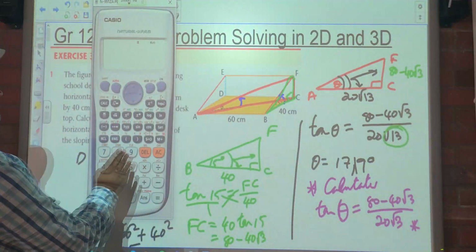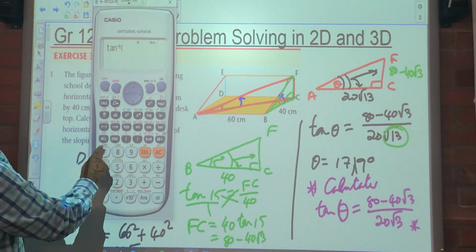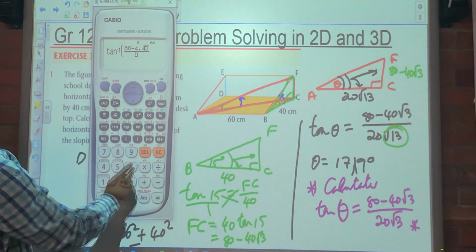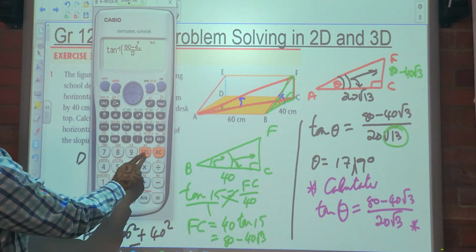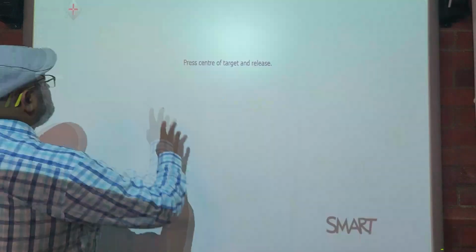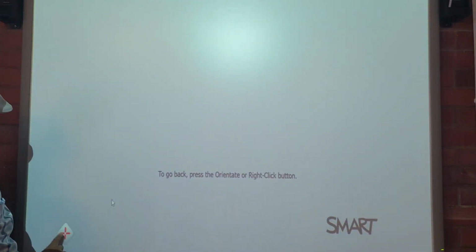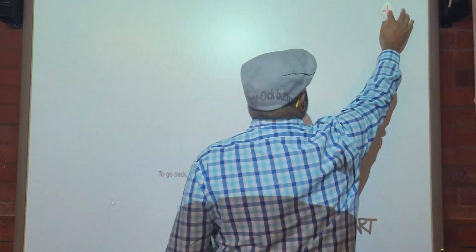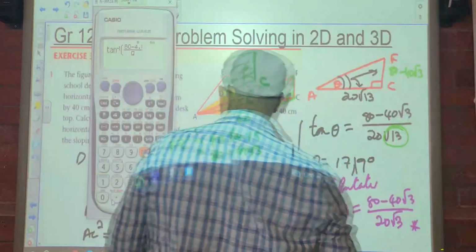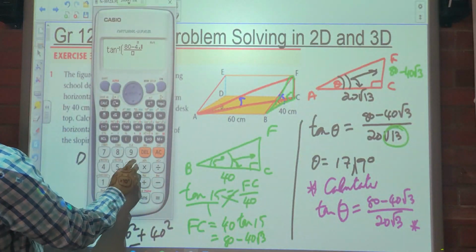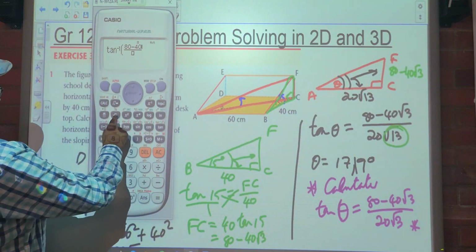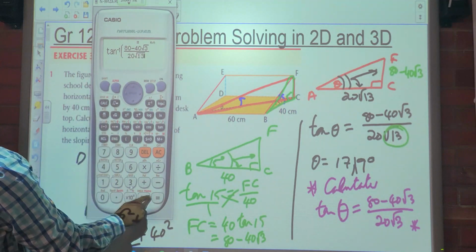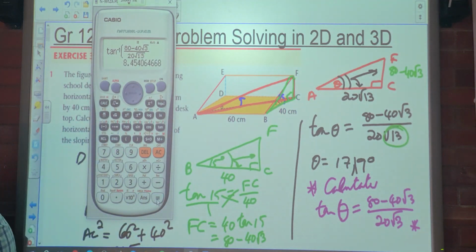So when we say shift tan of 80 minus 40 root 3, over 20 root 13, the answer was 8.45.